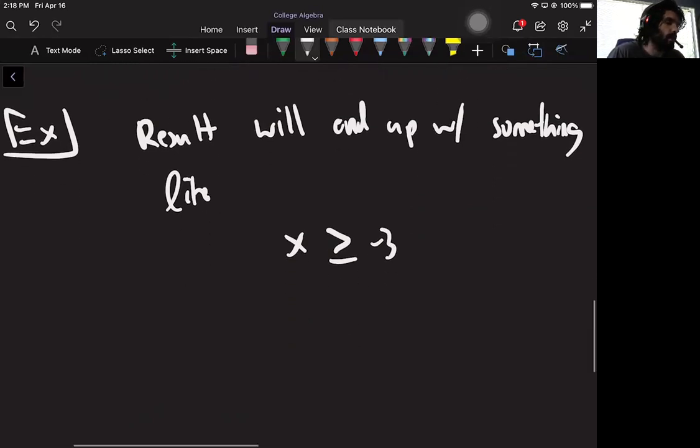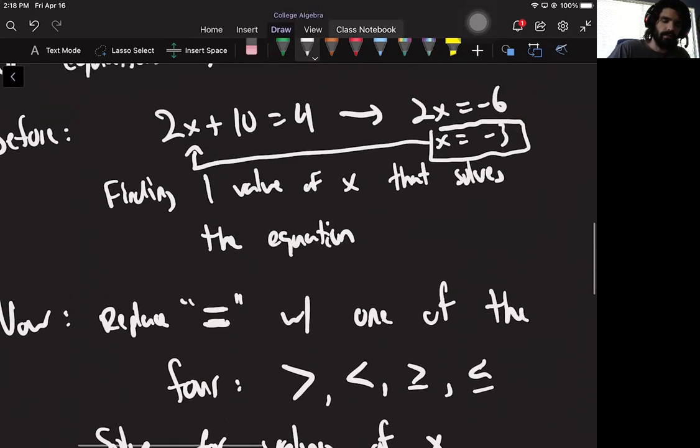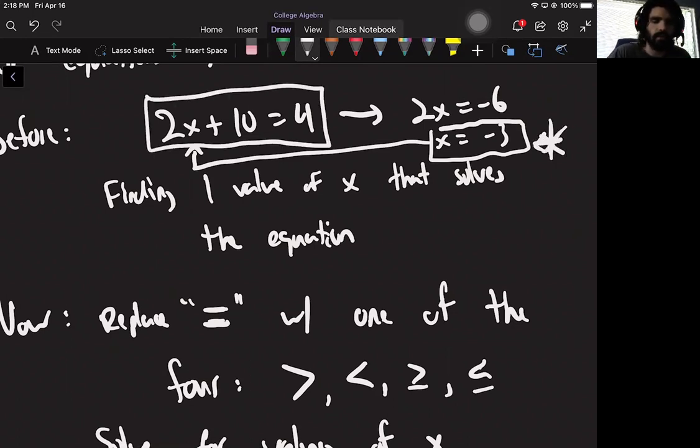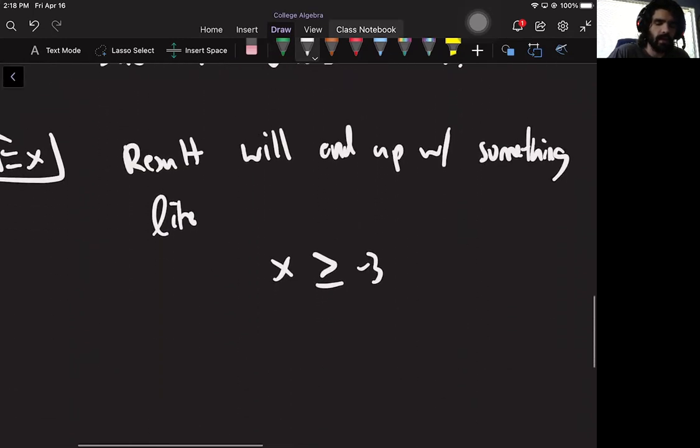But what does this mean is what we want to interpret. Because up here, it means that -3 is the only number that will make the equation work. Any other number you put for x, it won't work. So this is really saying that any number bigger than -3 or equal to -3 will solve whatever inequality this came from.